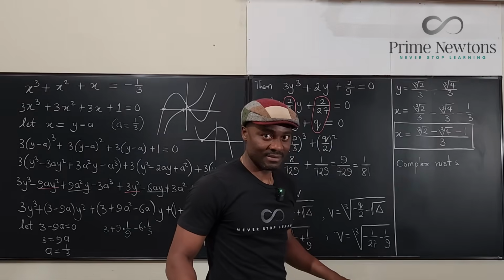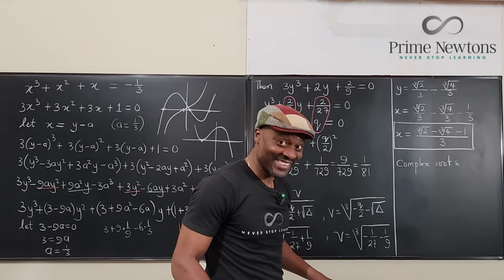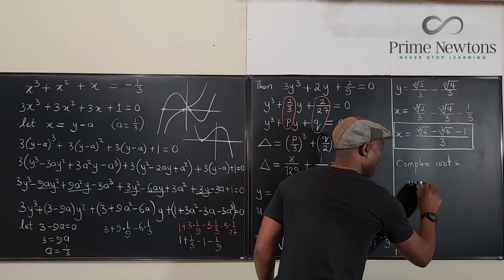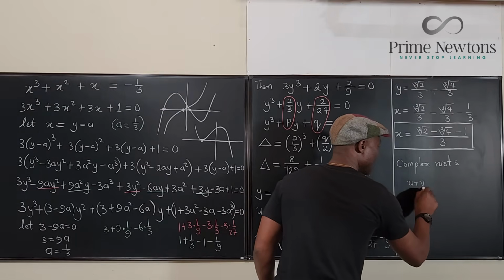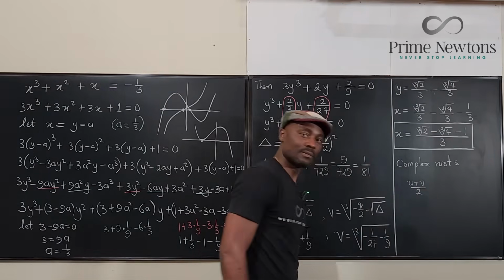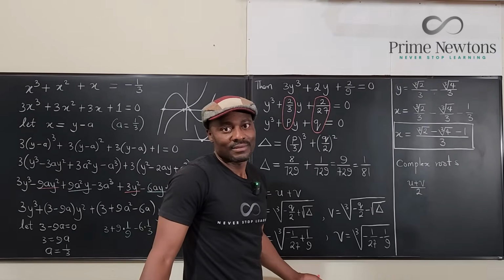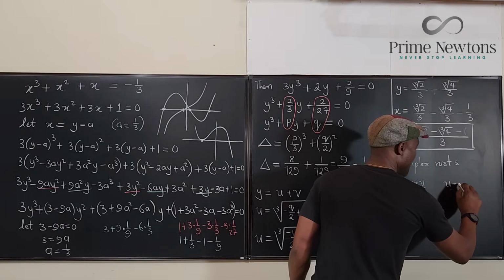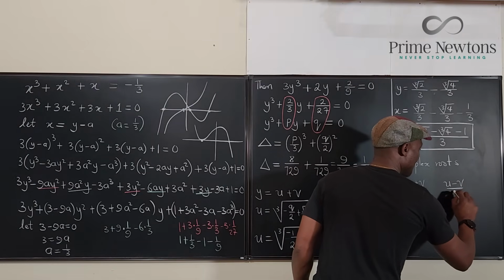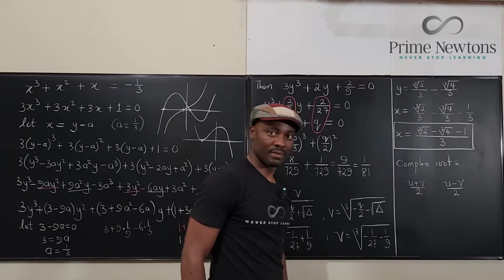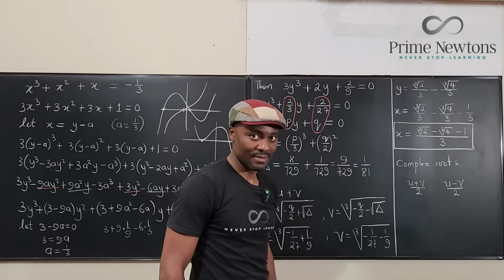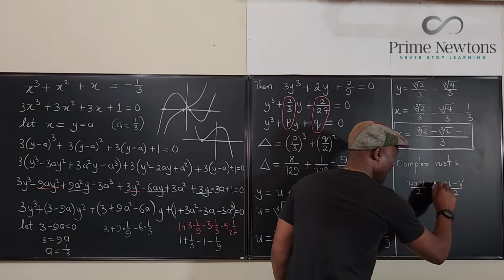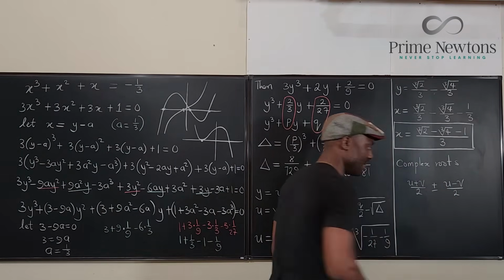So if you want to find the complex roots, very easy. You're going to say u plus v divided by 2. And you're going to say u minus v divided by 2. You're going to say plus or minus here.